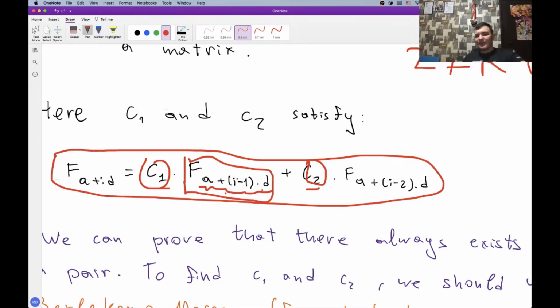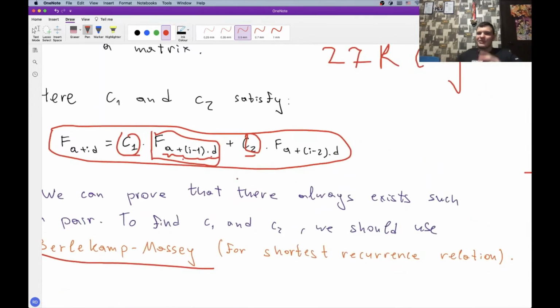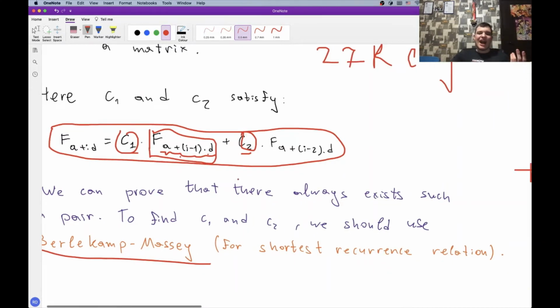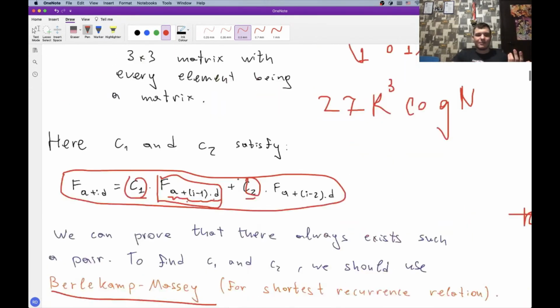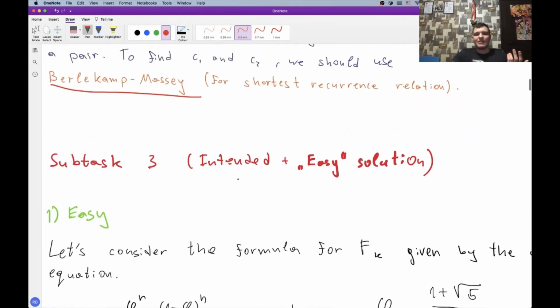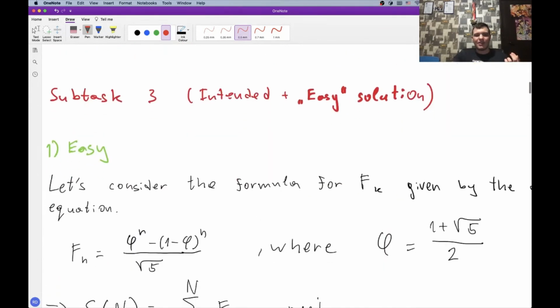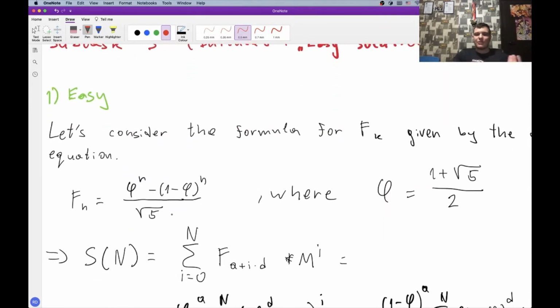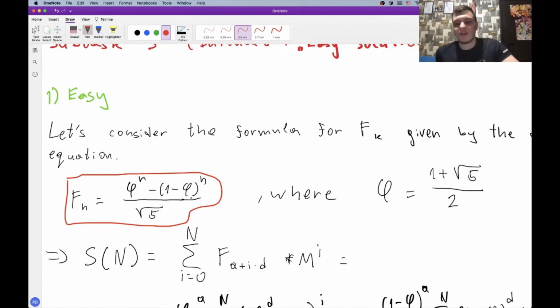But fortunately, I'm pretty sure quite a lot of people have already heard that there exists this formula for Fibonacci numbers with the golden ratio. It is known that f of n is equal to phi to the n minus psi to the n over square root of 5, where phi is 1 plus square root of 5 over 2.